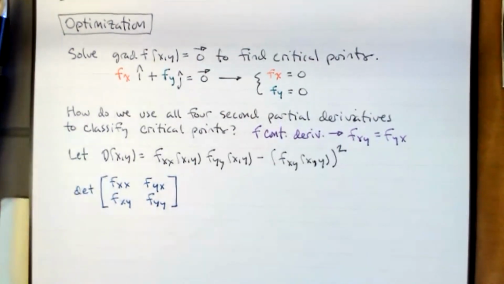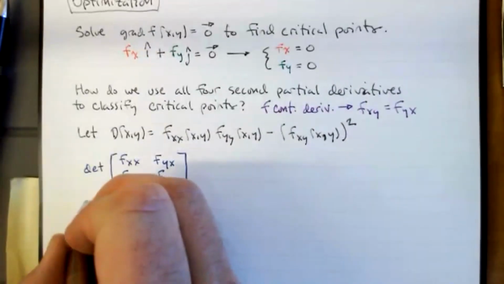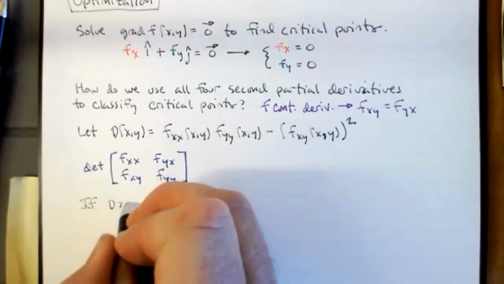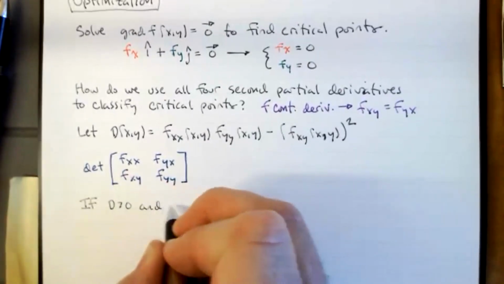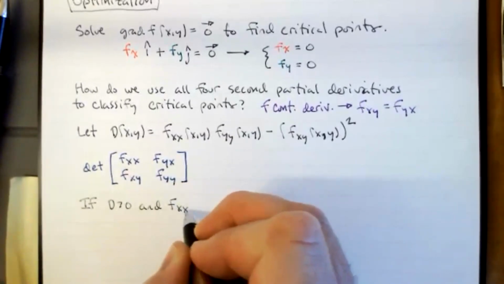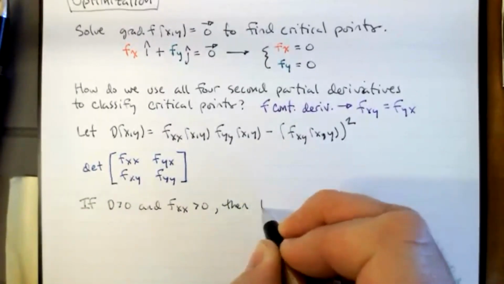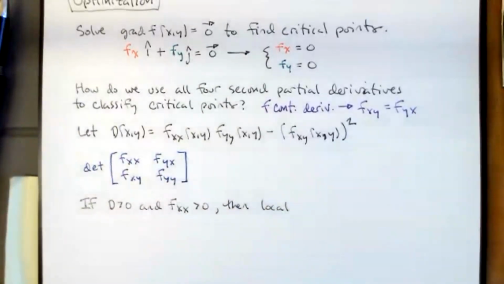If D is positive and fxx is positive, then local, that second derivative positive means concave up, local minimum.